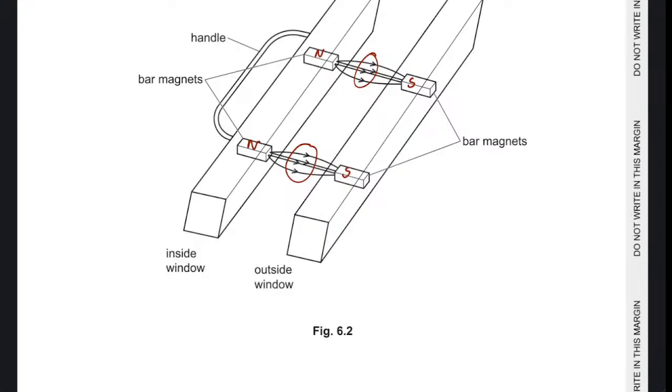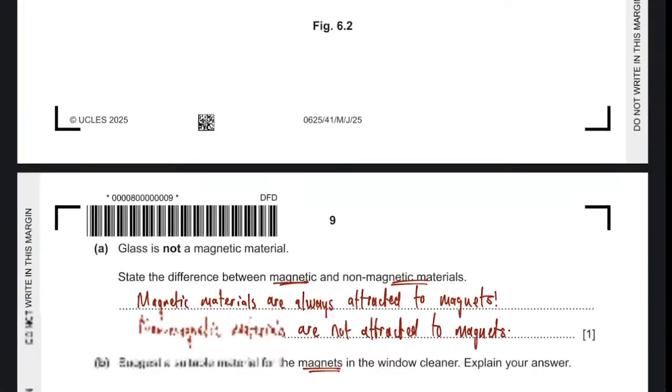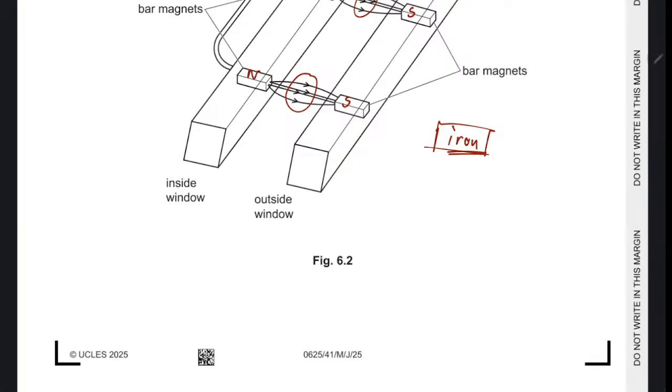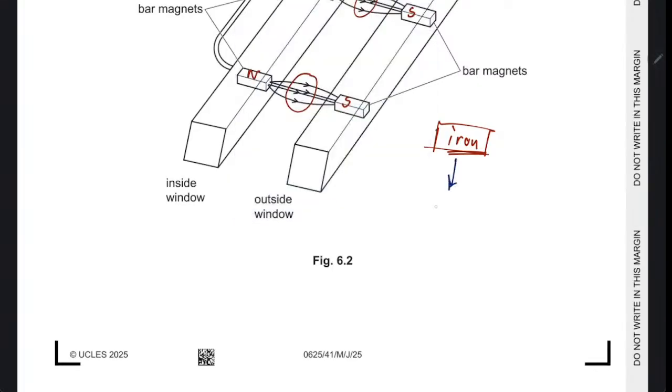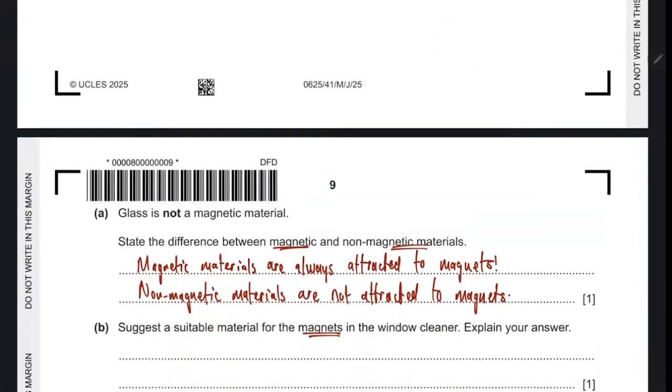If they were electromagnets, we would have made them out of iron, temporary magnets that are magnets because of electricity. But these are magnets that will always be magnets. They're permanent. So you need to use an alloy of iron called steel.